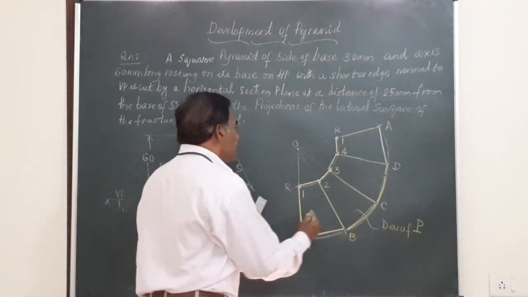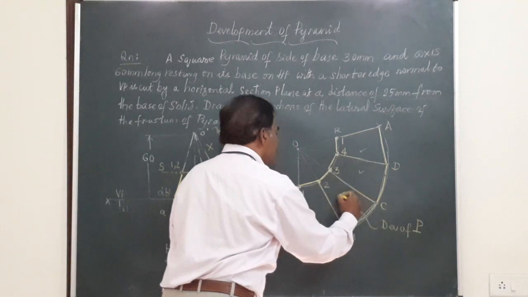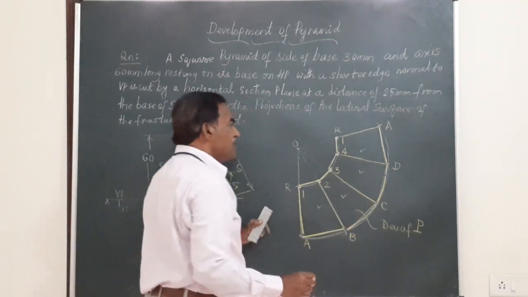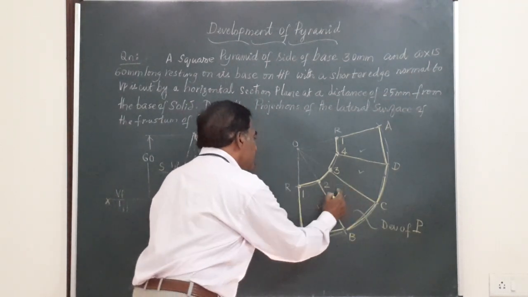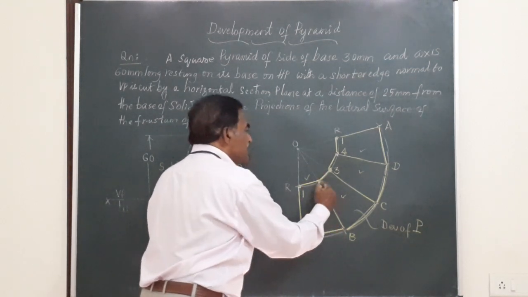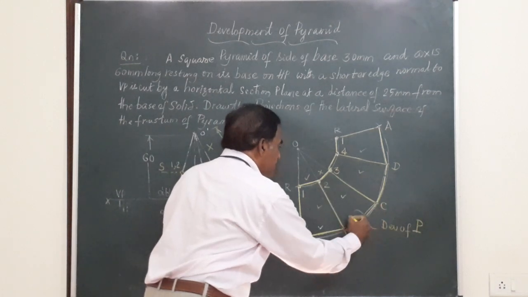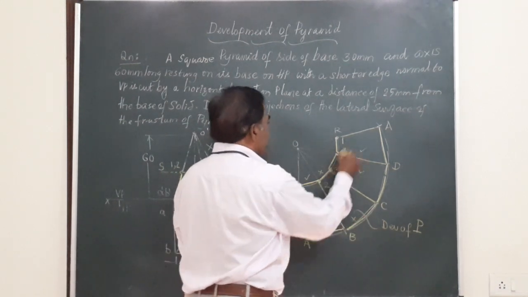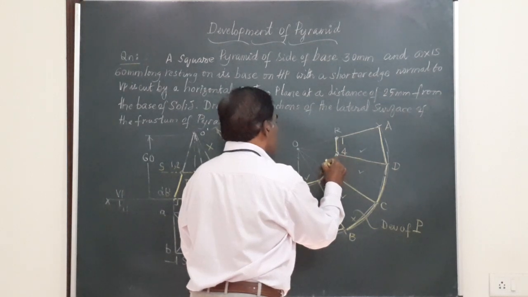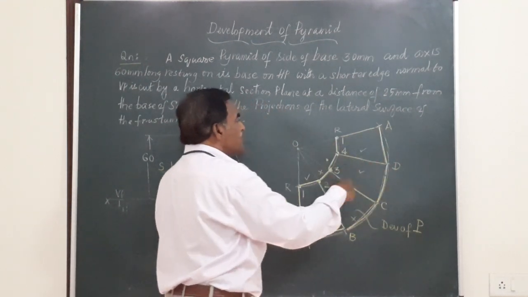And also remember, all these figures you get here, they are all the same. This figure, this and these are the same. And side 1 2 is parallel to AB, side 2 3 is parallel to this BC, side 3 4 is parallel to CD, and 1 4 is parallel to AD.